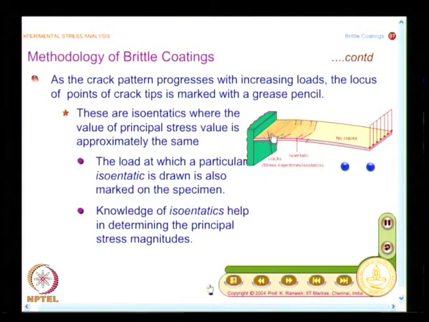Here I have not labeled the load, but what I have done in the animation is whatever the color that I use for the end load, the same color is used to draw the isoentatic. And if I have a record of isoentatics, this helps in determining the principal stress magnitudes.